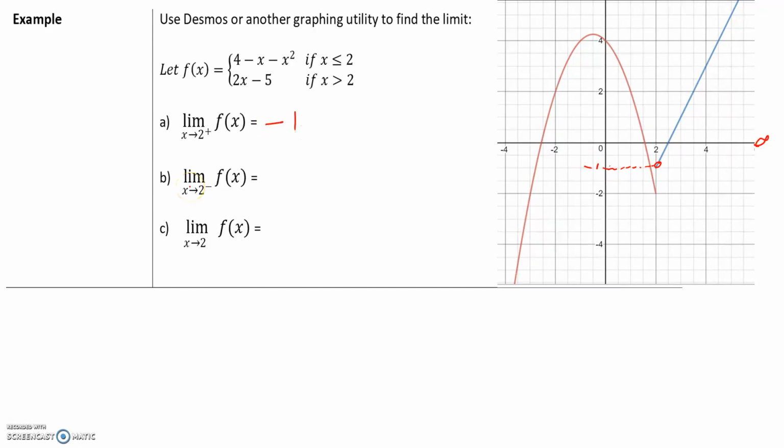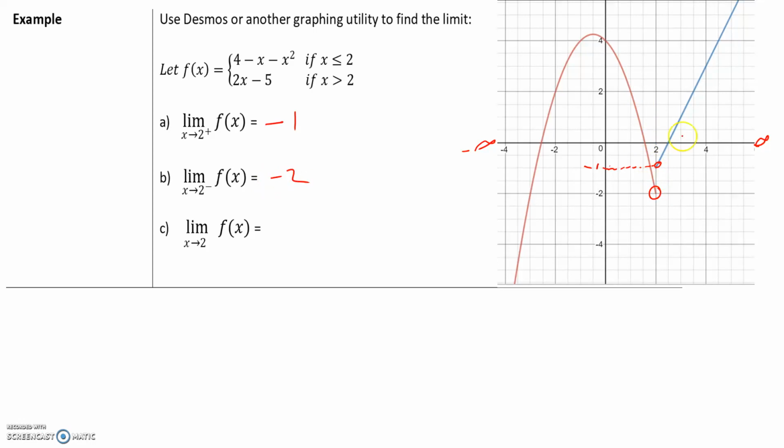Now, what is the limit of f of x as x approaches 2 from the left, coming from negative infinity? Look at what the graph is doing. The graph goes up, and then as x approaches 2, coming from negative infinity, the graph is going to approach this number, which is negative 2.